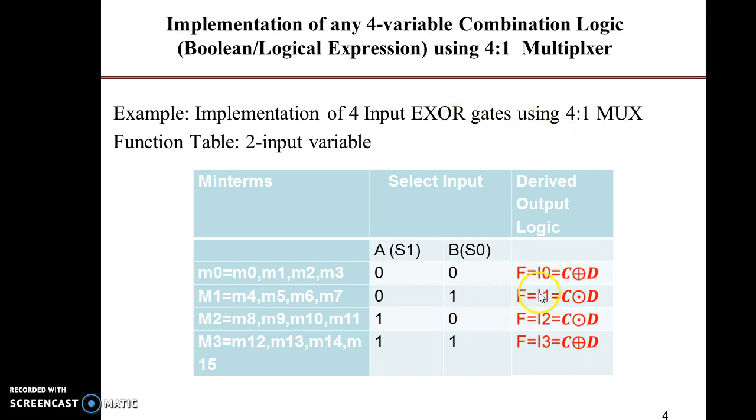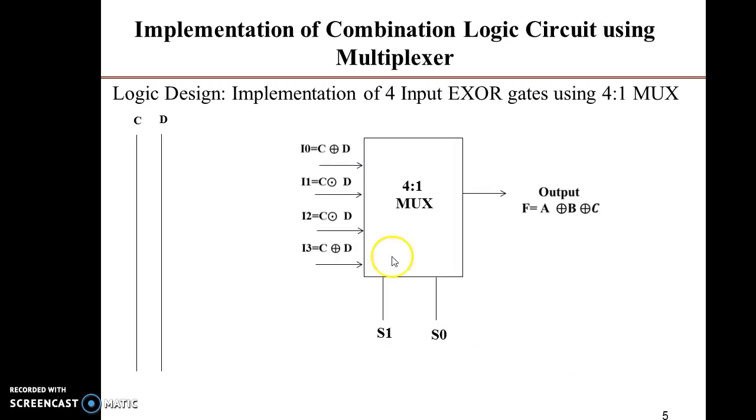So here for implementation of a 4 input XOR gate using a 4:1 multiplexer, I can derive the data input pin logic. I0, which is connected with the eliminated variables C and D, will be fixed to C XOR with D, I1 C XOR with D, I2 C XOR with D, I3 C XOR with D.